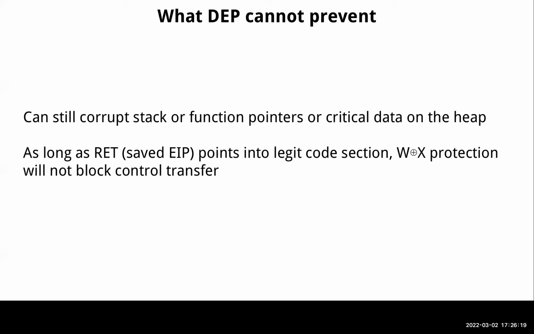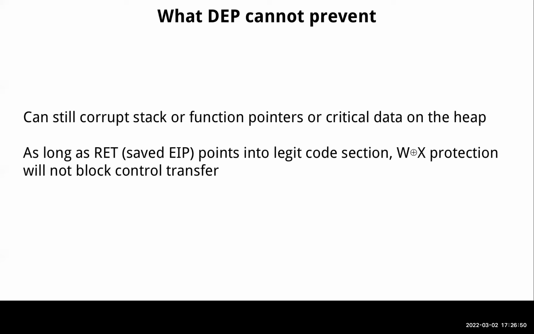Obviously, this approach only stops you from executing code from the stack. It's not perfect. Remember, we have overflow local versions 1 and 2, where you are overflowing a local variable. This approach cannot stop that because you're not injecting any code there, you're only overwriting a local variable. You can still overwrite that.